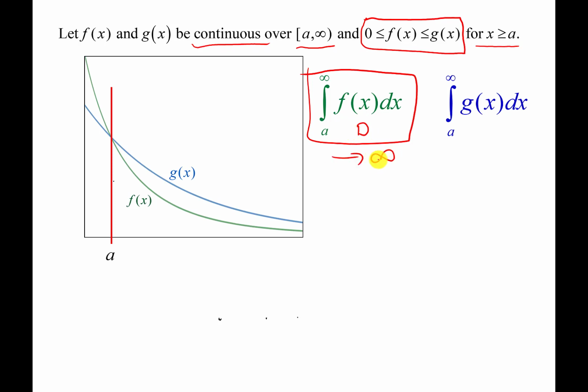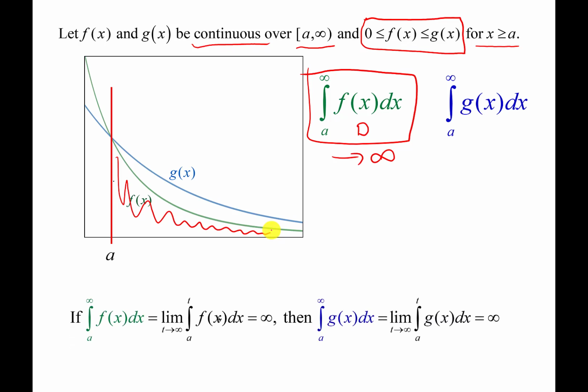Well, then I can tell you something about g of x, because if this area under the curve for f of x approaches infinity, does not converge to a single finite value, since g of x is greater than or equal to it on this whole interval, g of x must also diverge, because that area under the curve is going to be at least equal to that or larger if g of x is greater than it.